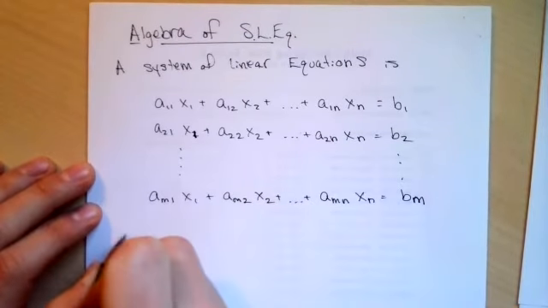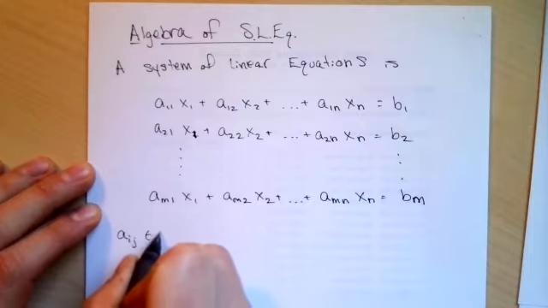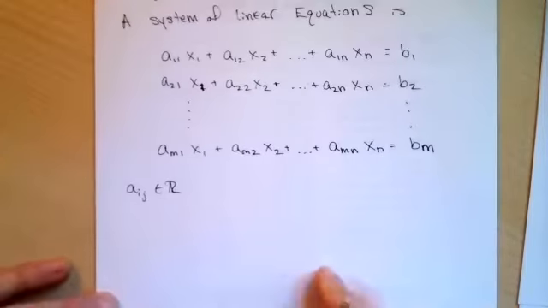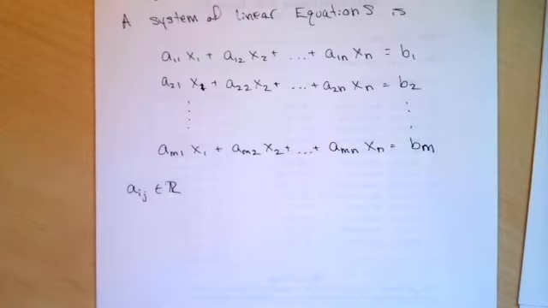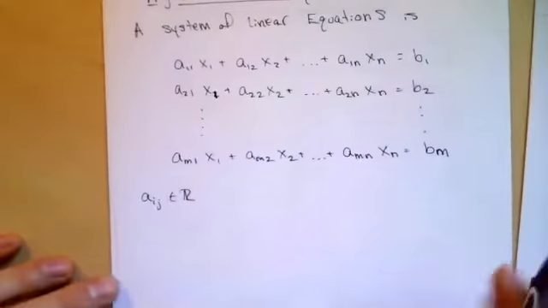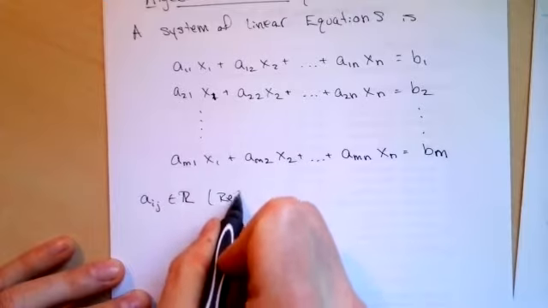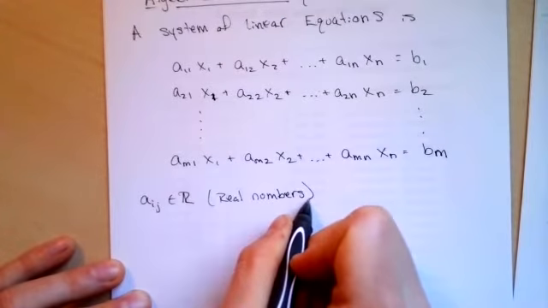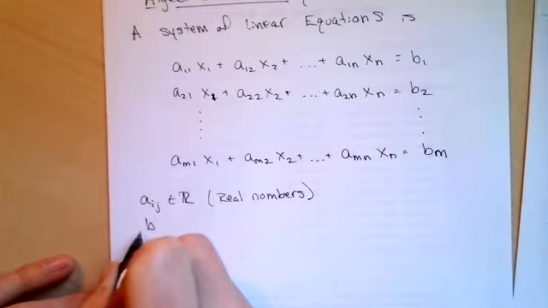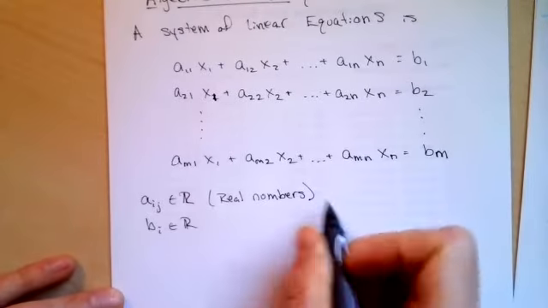where each of these aij are in R. So if I write this, aij, this sort of sideways script e means an element of R, which just means real numbers. And the bi are also real numbers.